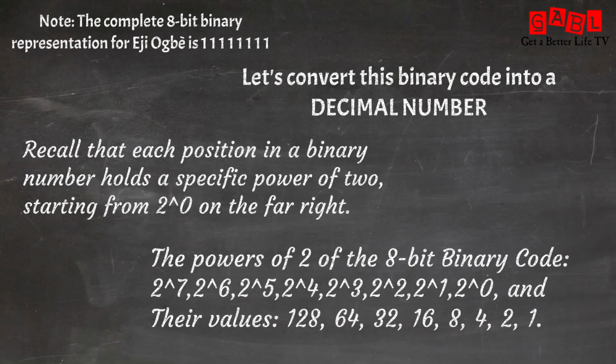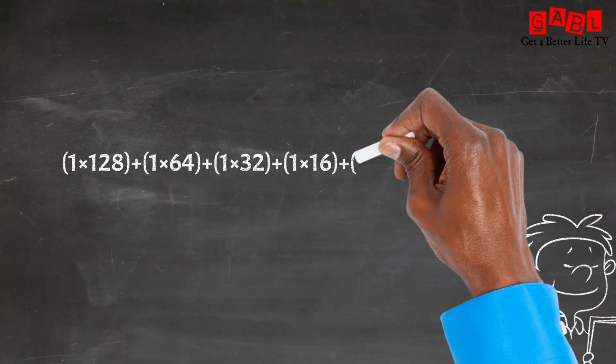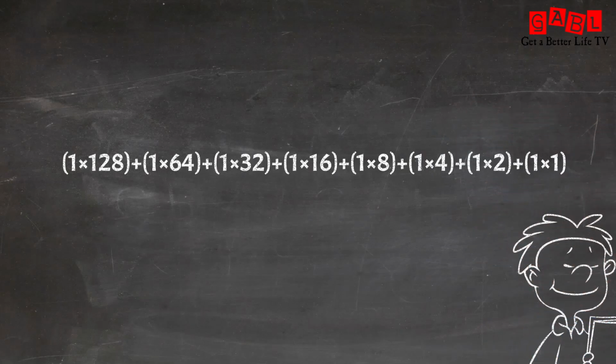To understand its universal numerical value, let's convert this binary code into a decimal number. You can recall that each position in a binary number holds a specific power of 2, starting from 2 raised to power 0. So, we multiply each binary digit by its corresponding power of 2 and add them up, as you can see on the screen.